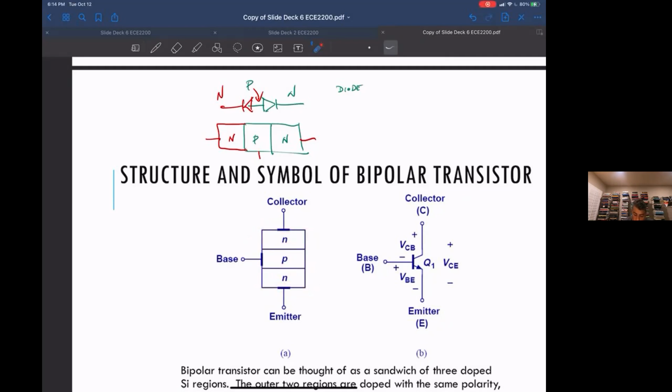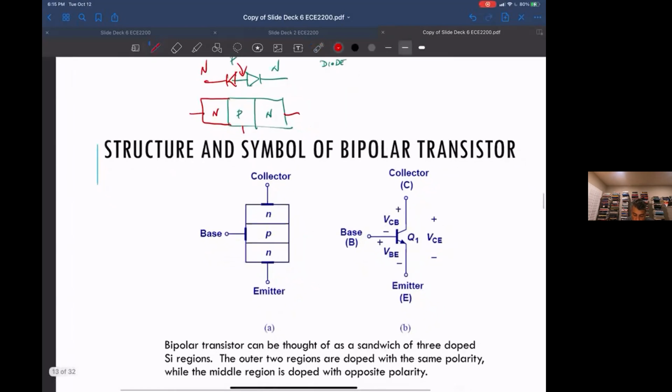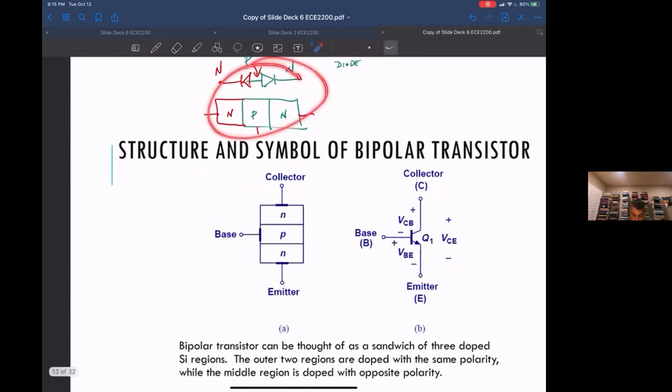Now, one thing: it's tempting to see the bipolar transistor as just two back-to-back diodes, but you can only take that analogy so far. It's good as a starting point, but in fact, because this region is very thin, this junction and this junction are interacting with each other.